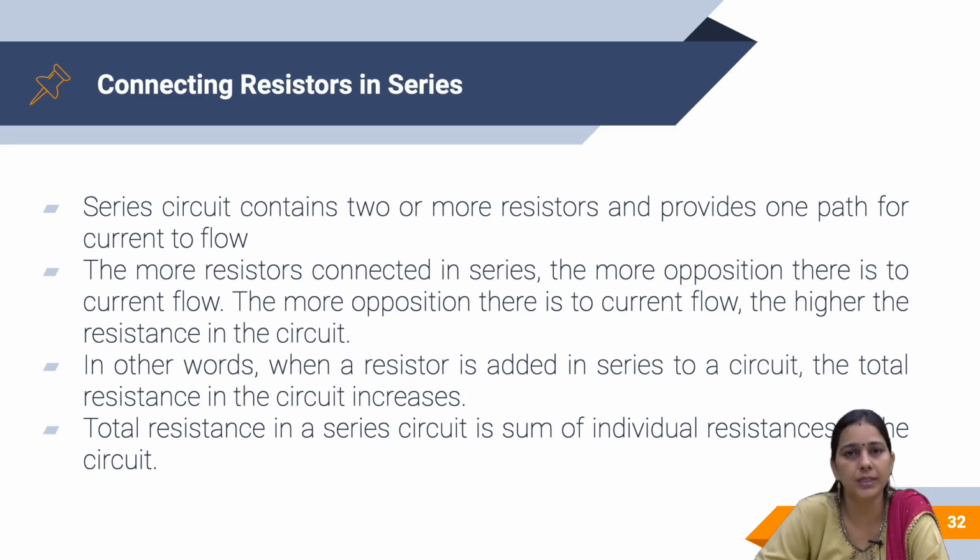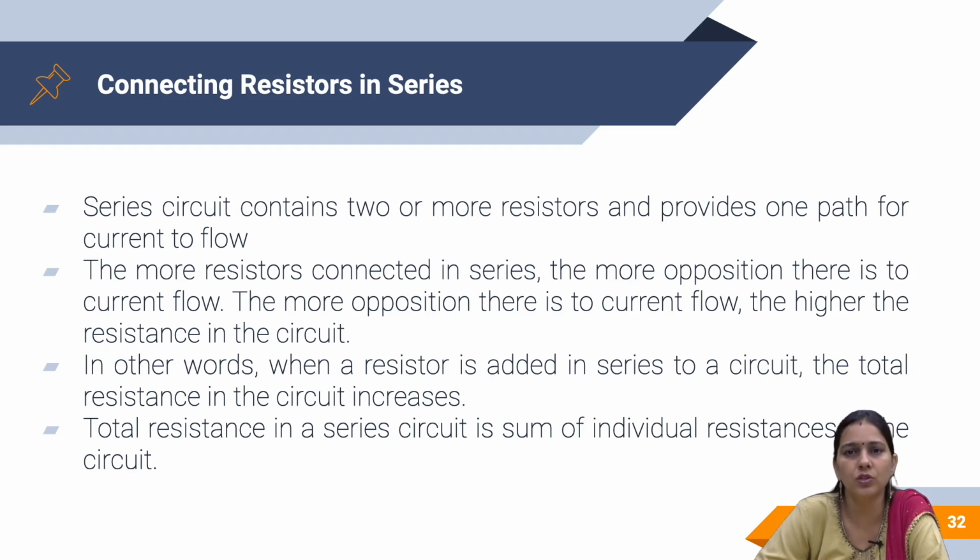When we are connecting the resistances in series, first of all, as the definition implies, it will provide only one path to the current in an electrical circuit. The second important point to be considered is that the current will remain the same across all the resistances in a series circuit, whereas the voltage will get divided up. So, in a series circuit, current is the same and voltage is divided among all the resistances.